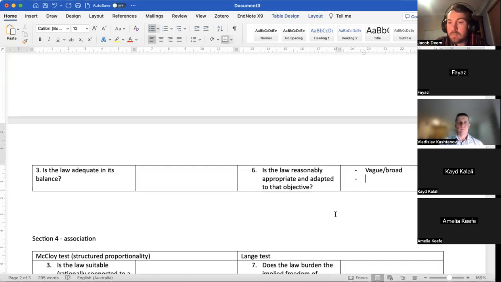Correct. Yeah. I'd say probably not for me, Jacob, in terms of reasonably appropriate and adapted. I think overall, if your objective was to protect public health, it's quite severe punishment, and quite wide in its scope of who it can target.